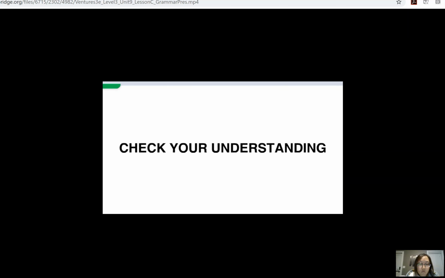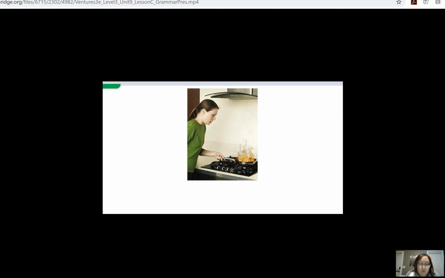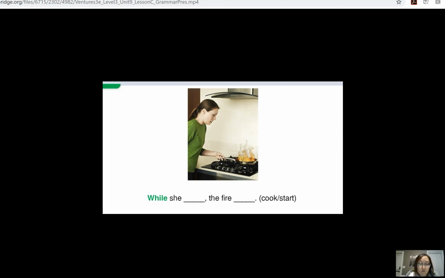Check your understanding. Look at the picture. Complete the sentence. The fire started while she was cooking. While she was cooking, the fire started.